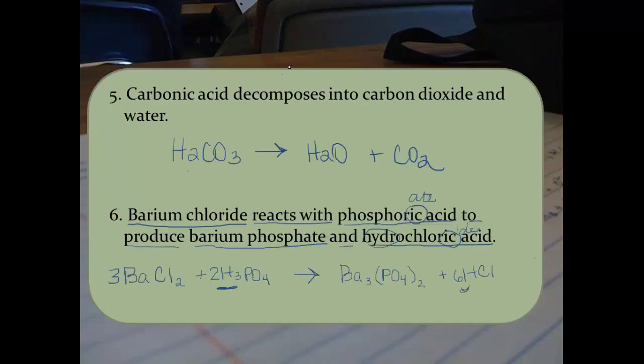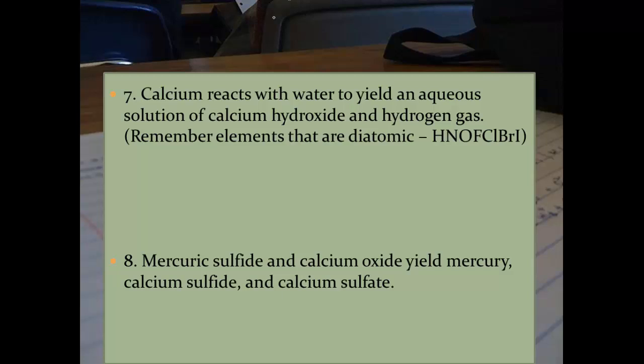All right, so a couple more practice ones. Calcium reacts with water, so let's write those out. Calcium is just Ca, reacts with water, H2O, to yield, there's your arrow, an aqueous solution of calcium hydroxide, so that's Ca(OH)2, it's ionic.